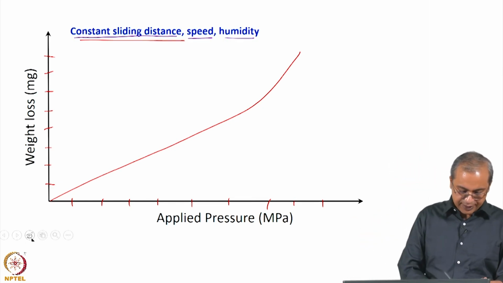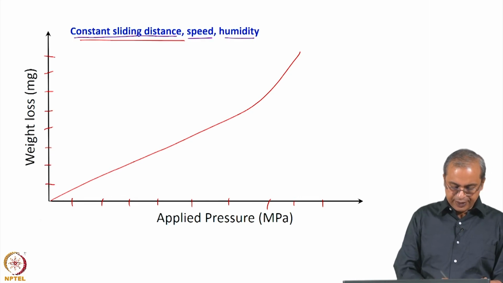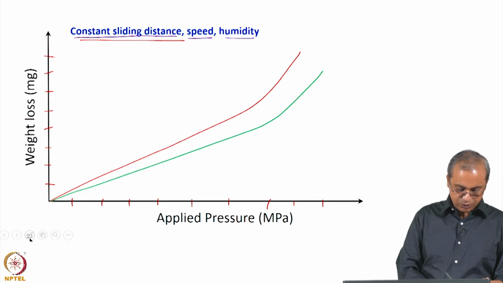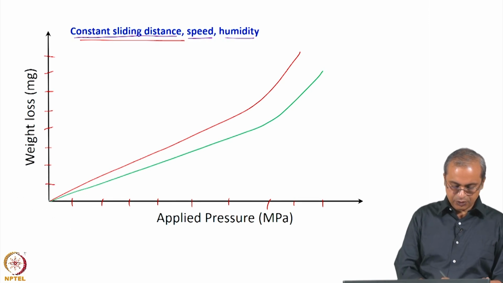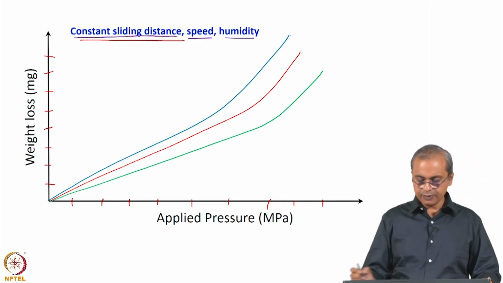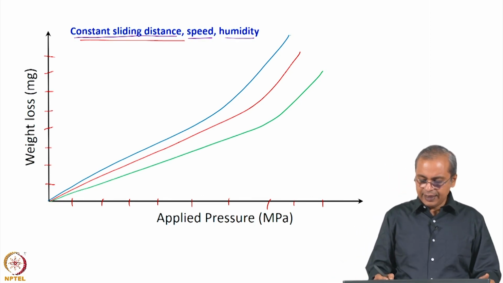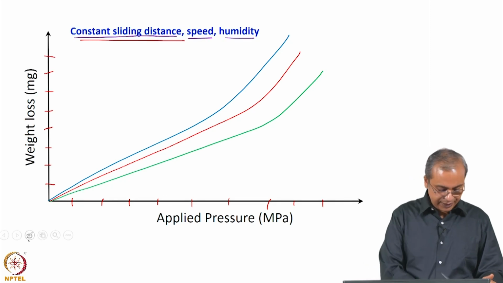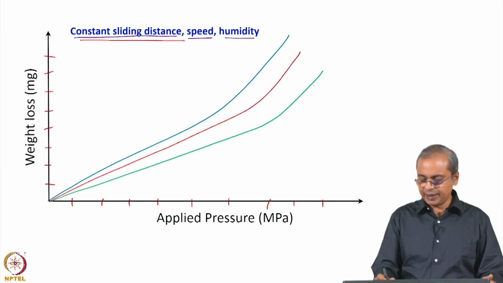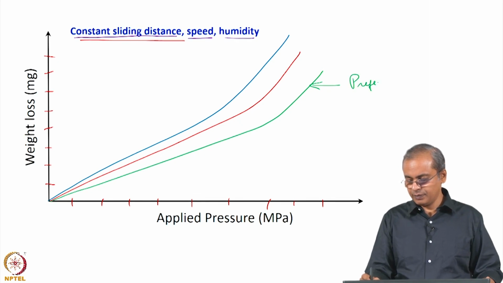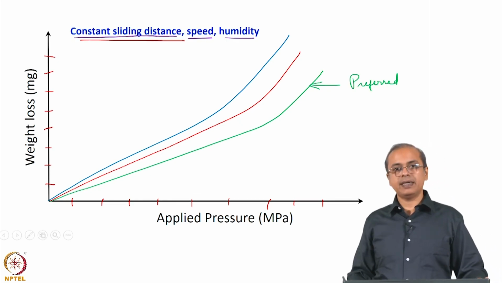And once again you are comparing samples. So, you have various samples. So, you have some sample that looks like that, and some other sample that looks like that, and so on. So, in these three samples, clearly the green one, the sample that is represented by the green data here, is your desired sample, because it is having less weight loss, right.